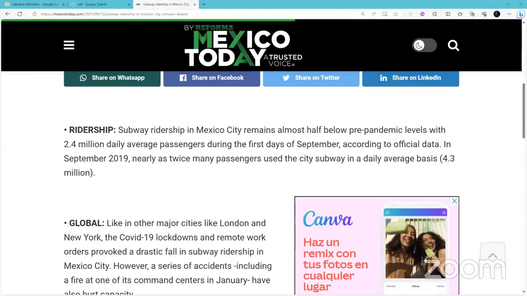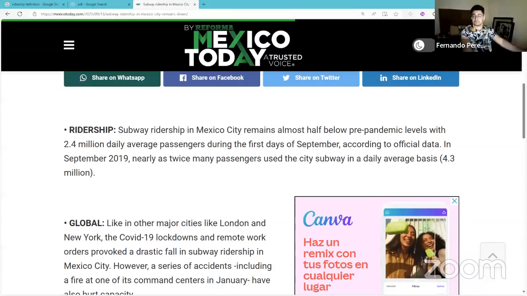Ridership. Subway ridership in Mexico City remains almost half below pre-pandemic levels, with 2.4 million daily average passengers during the first days of September. Really? According to official data, in September 2019, nearly twice as many passengers used the city's subway on a daily average basis, 4.3 million.